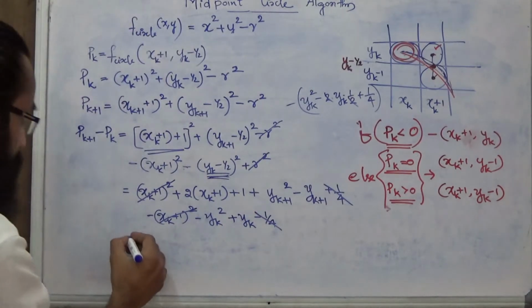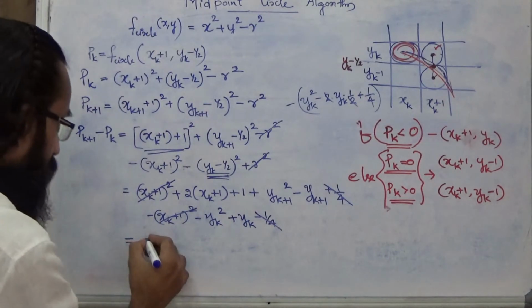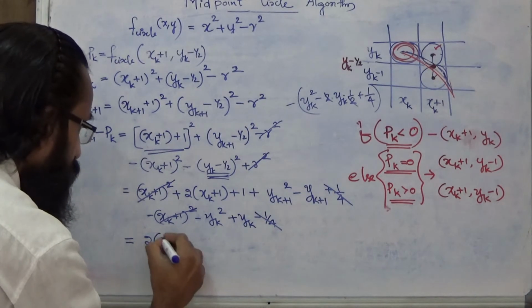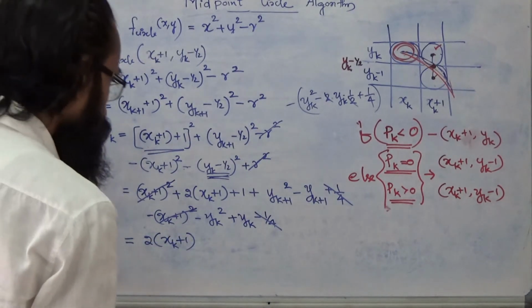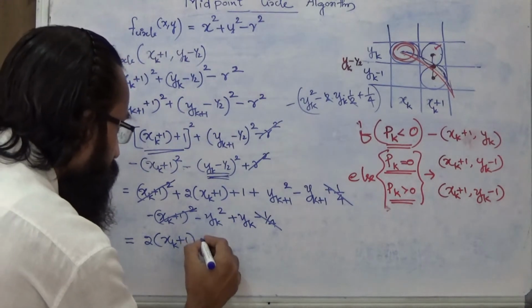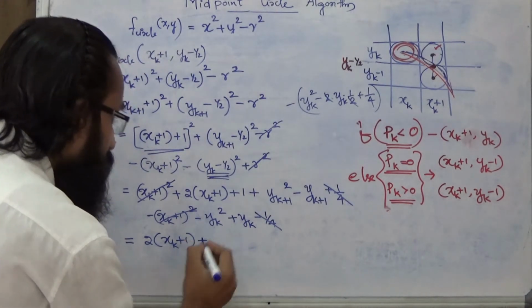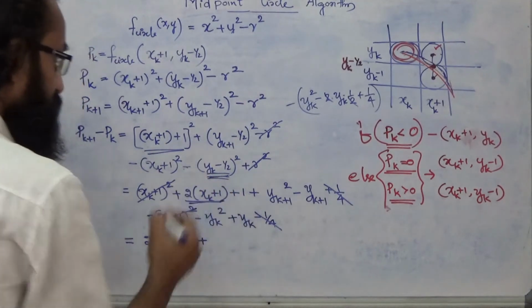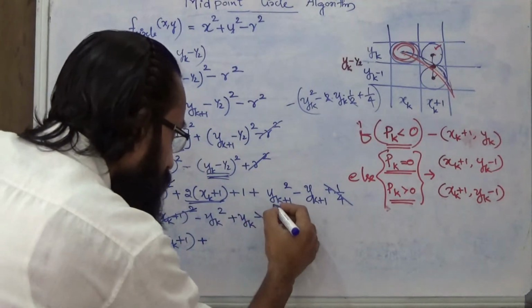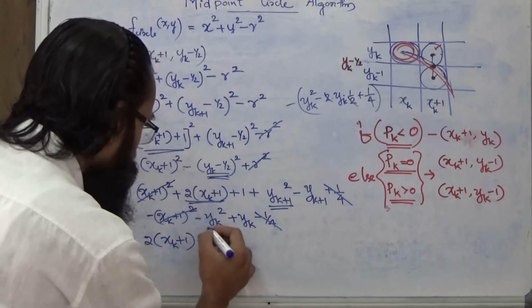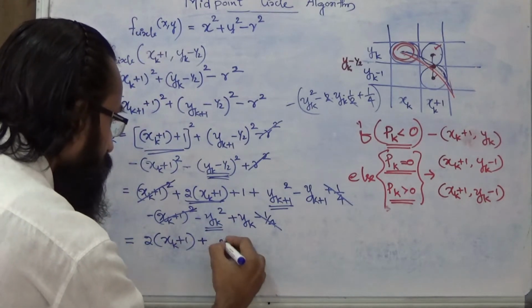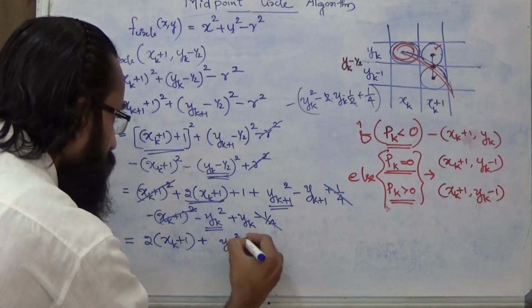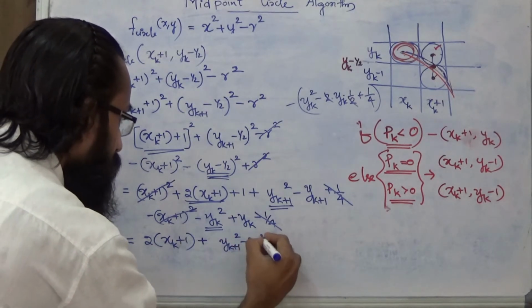Now you can rewrite this as, this will be equal to 2(xk + 1), plus, so I have considered this term, then you can take square terms. You will be getting these two terms, (yk + 1)² minus yk².